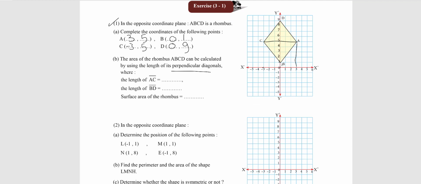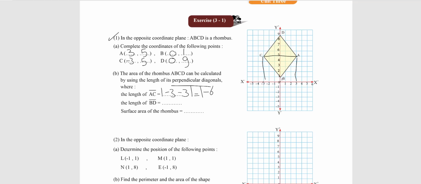So we want to get the length of the diagonal AC, that equals the absolute value of negative 3, the point C, minus 3, the point A, equals the absolute value of negative 6, equals 6 units.